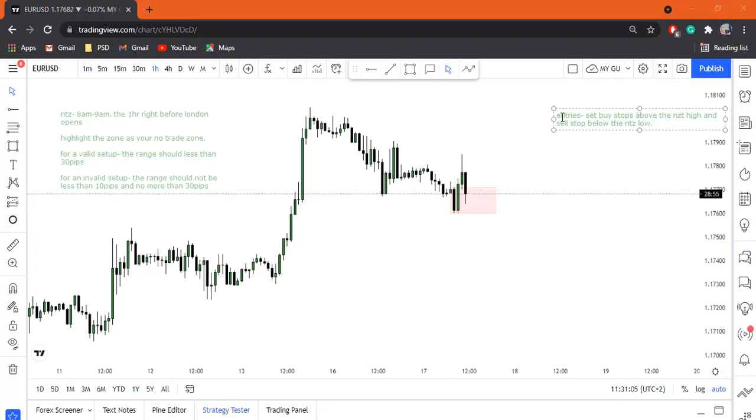So if you're a person who's going to be setting stops, you set both above and below. So if the market opens up your buy stops first, you delete the sell stops. If it opens the sell stops first, you delete the buy stops. But you also keep the other things that we have talked about in mind.